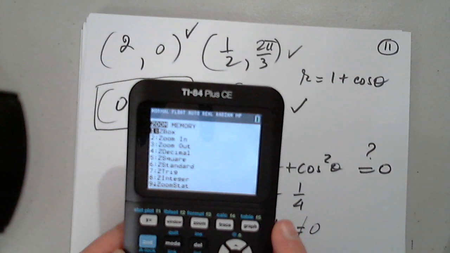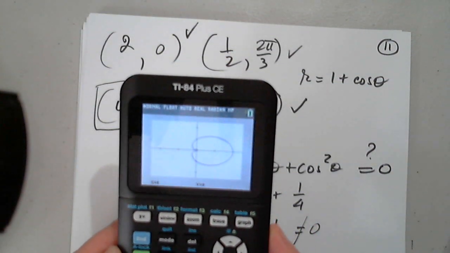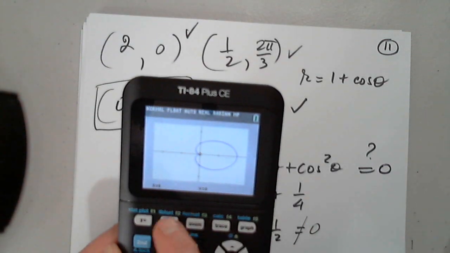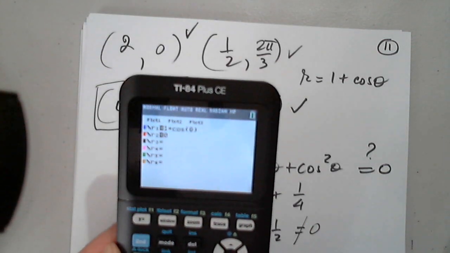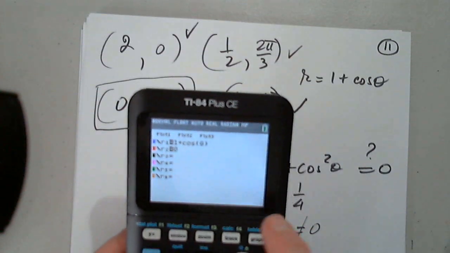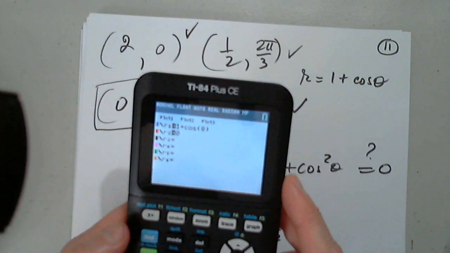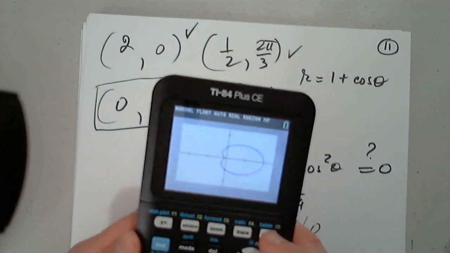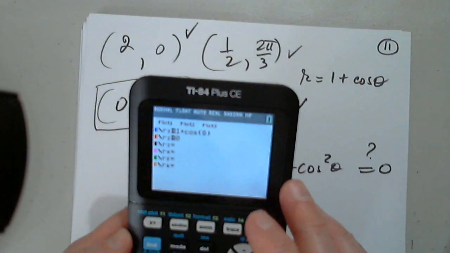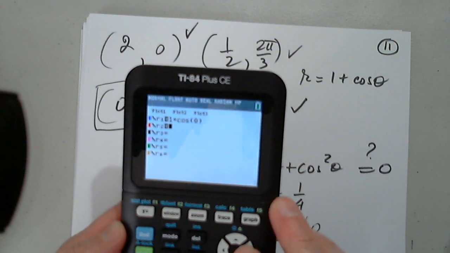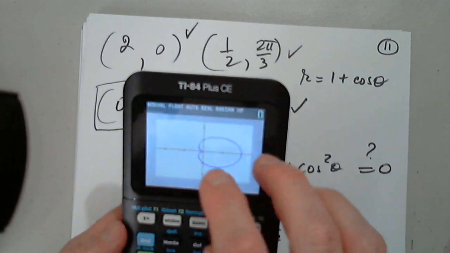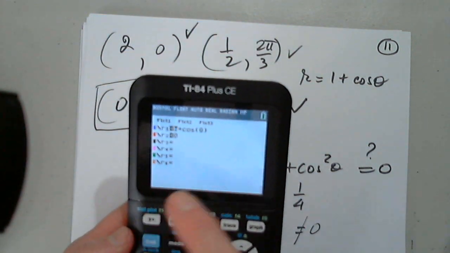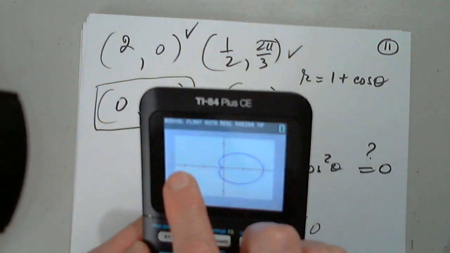So I have to zoom in. And it does not show. Why does it not show my r equals 0? It should still show the red that I was hoping to see.